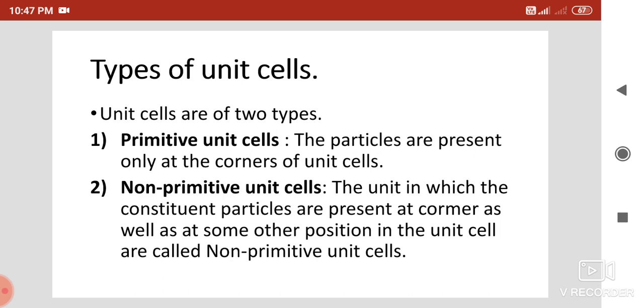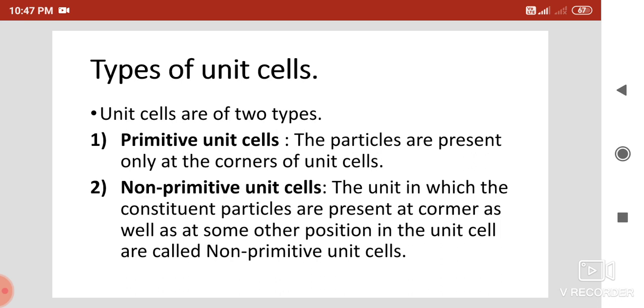In non-primitive, the constituent particles are present not only at the corners, but also at some other position in the unit cell.